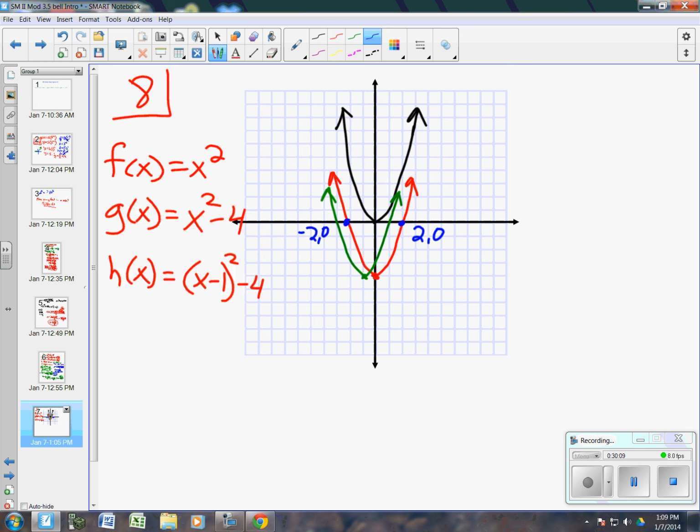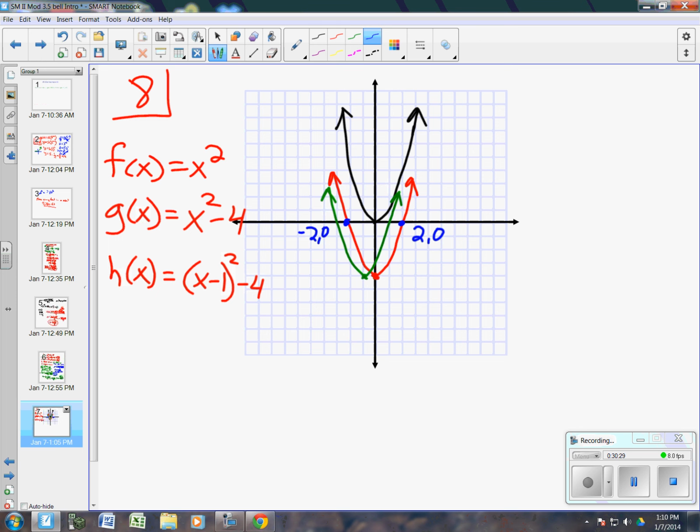What are the coordinates of the points corresponding to the x-intercepts of g of x in each of the other ones? Well, you guys, these points right here, 2 comma 0 and that, what are the same points in this function right here? Does anybody know?